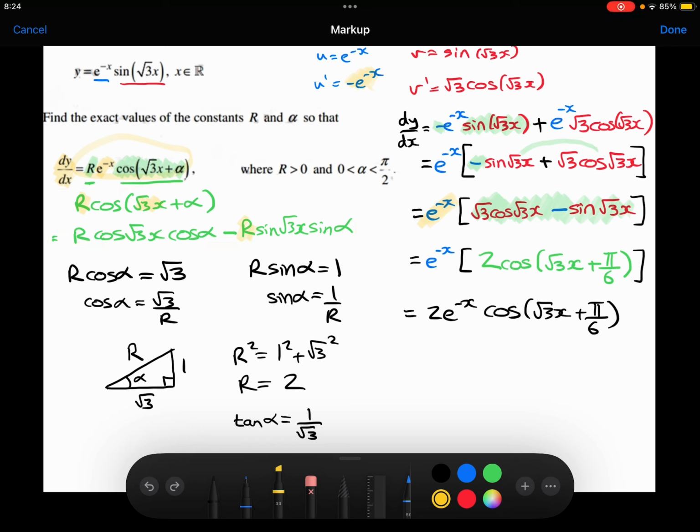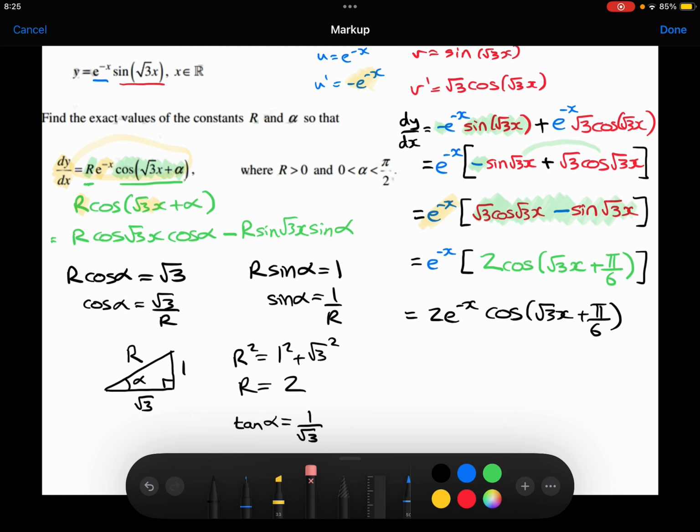And then it's a case of me comparing. I'm comparing this result to what I had over here. So let's do that really carefully. So I can see I've got a cos root 3x here and I've got a cos root 3x here, which means that this r cos alpha is going to have to be equal to the root 3.